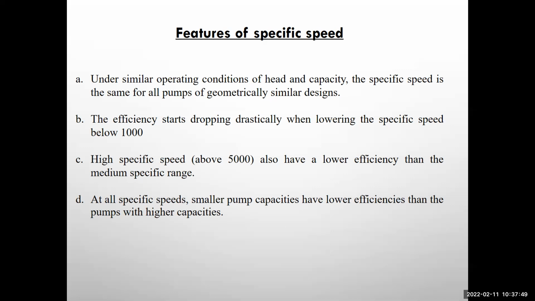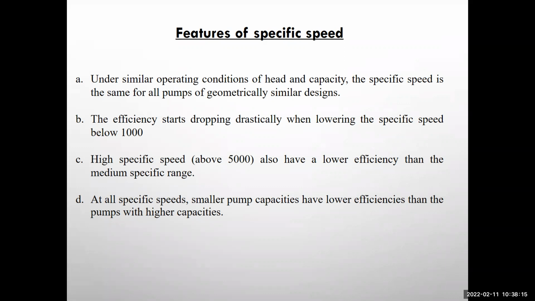Now we have two more things before we move to something new. As I said, geometrically similar pumps. When I say geometrically similar pumps, how many pumps are we talking about? What is the lowest number? At least two, right? So you should have at least two pumps.